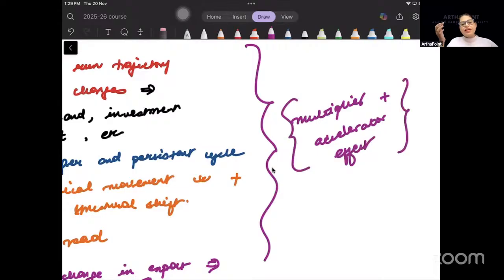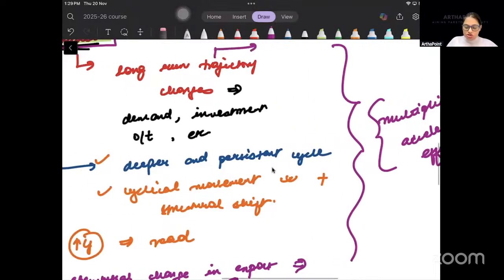Right? So we create multiple rounds of accelerator effect. We magnify the cycle. Okay. We create long-term investment behavior changes, right? And we not only change the cycle, but also the trajectory or trend, right? So there is a change in the trend, or there is a change in the trajectory, right?